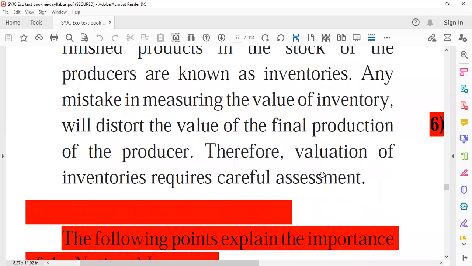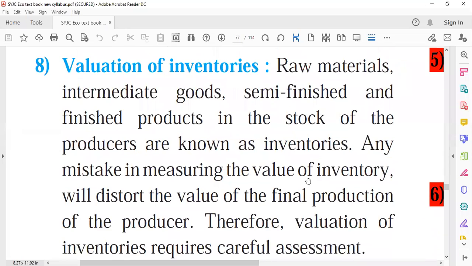Now, another problem that we are facing here is the calculation of inventory. What are inventories? Inventories means stock. Stock of what?